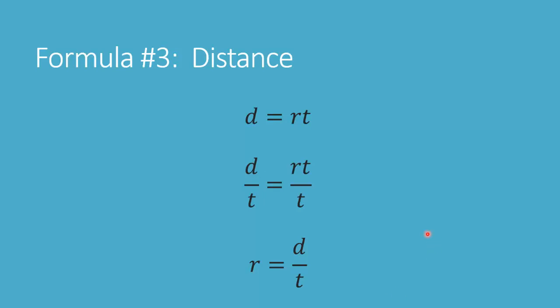Cars travel in miles per hour, a distance per time. In physics, the speed of light is always measured in meters per second. In other words, light will travel 3 times 10 to the 8th meters in 1 second, which gives us a rate of 3 times 10 to the 8th meters per second.